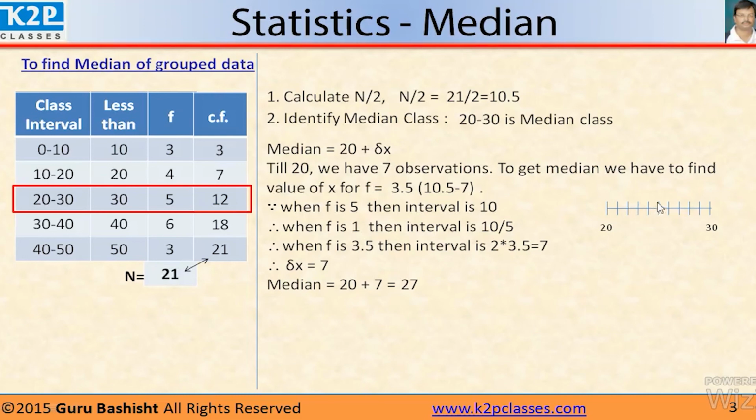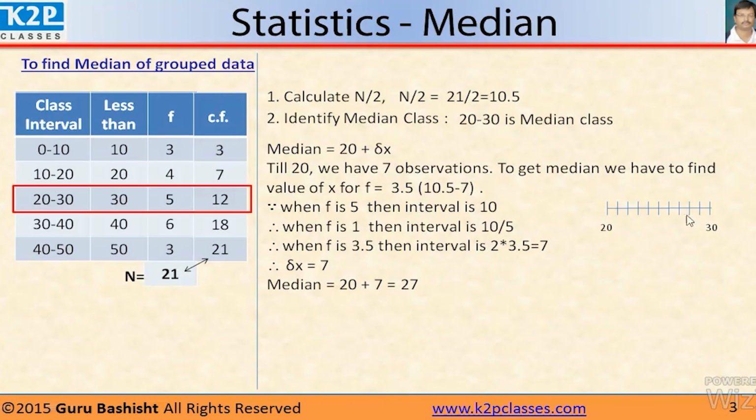I don't know where they are coming, but if we assume they are equally distributed, then for 1 observation the interval will be 10 by 5, because the class interval is 10 and the observations are 5.